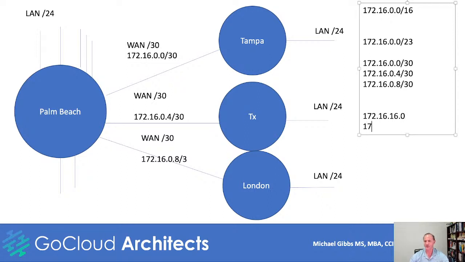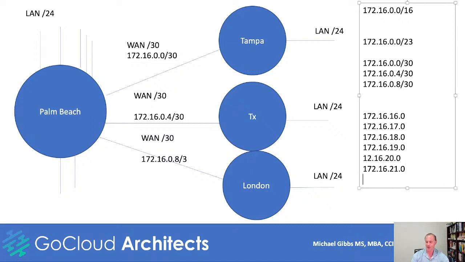So let's say we do 172.16.16.0, and then we do a .17.0, and then we do a 172.16.18.0, and then a 172.16.19.0, and then a 172.16.20.0, and then a 172.16.21.0, and a 172.16.22.0, and a 172.16.23.0, and a 172.16.24.0.